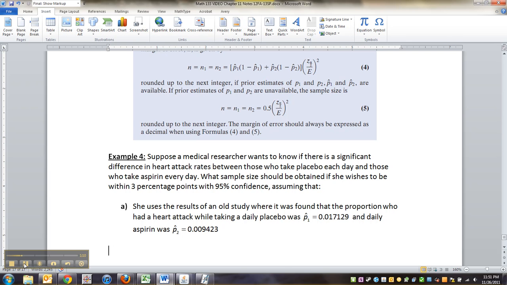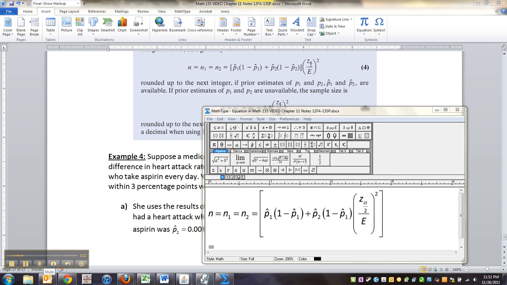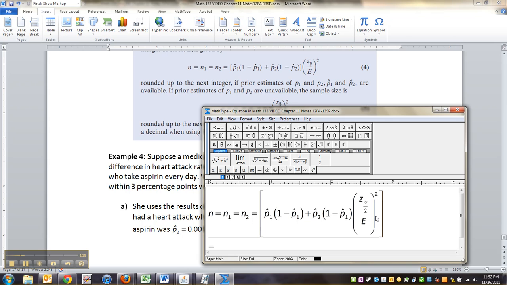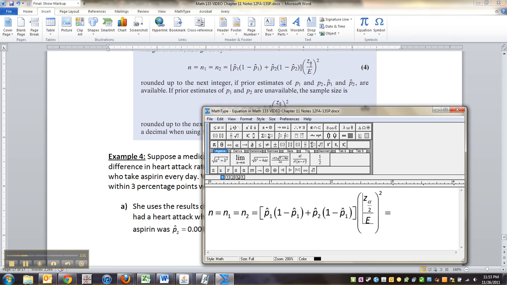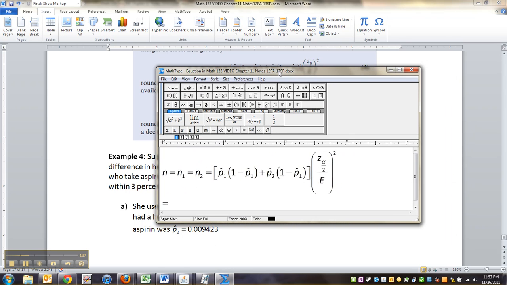So let me write out the formula. All right, there it is in all its glory. Oops, I made a slight mistake. This portion of it needs to be outside of the bracket. Okay, now I know P1 hat and P2 hat because I have these old numbers for them.